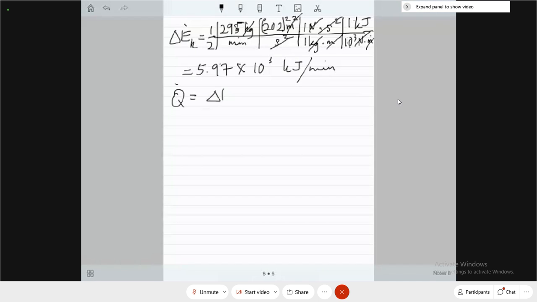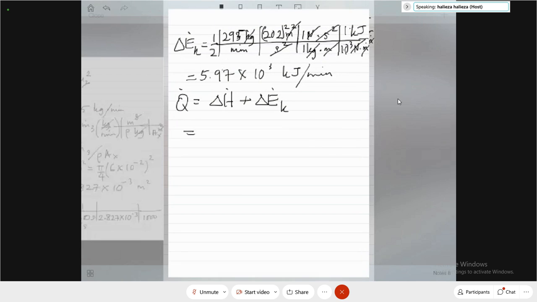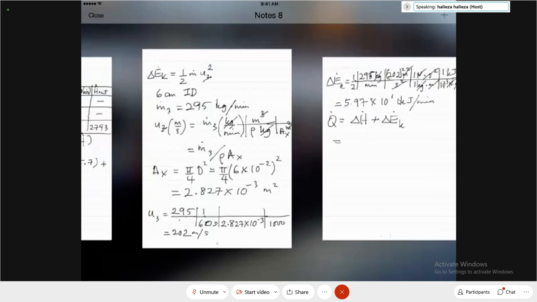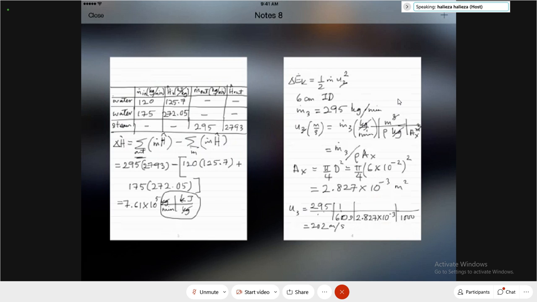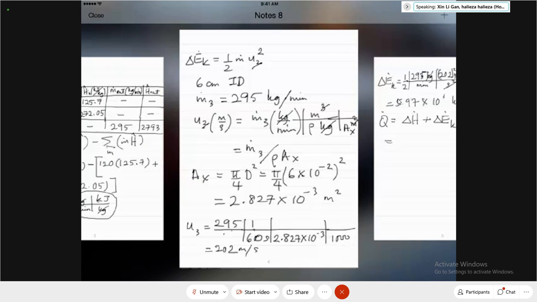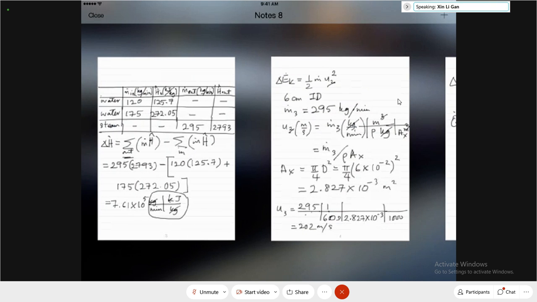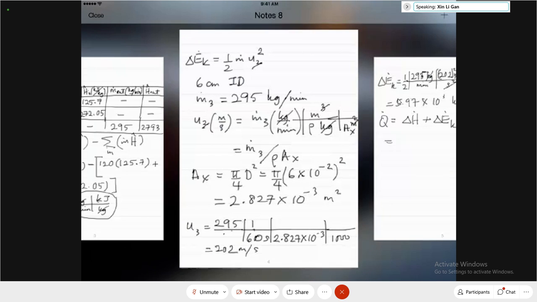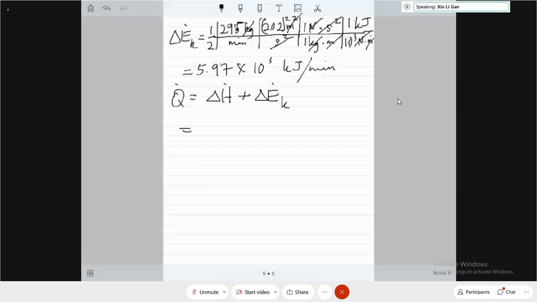May I know, is it 295 or 293 in the kinetic energy equation? 295, because I got 6.02, same as the book.